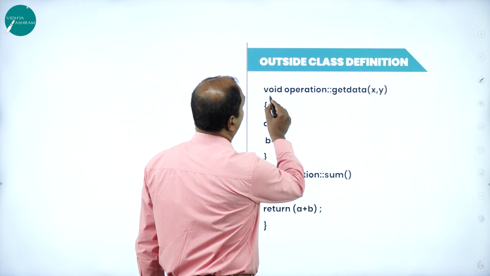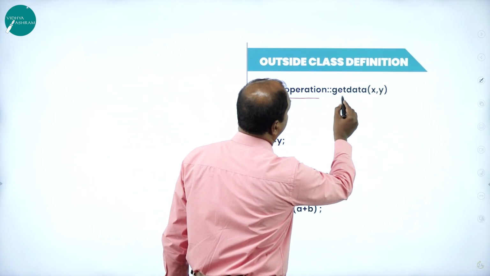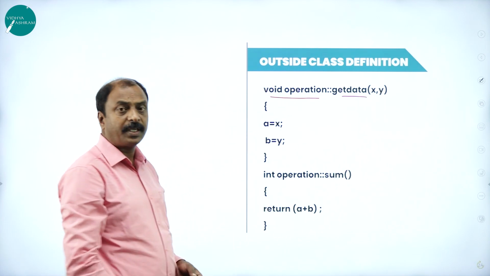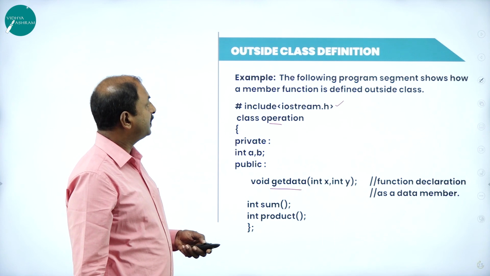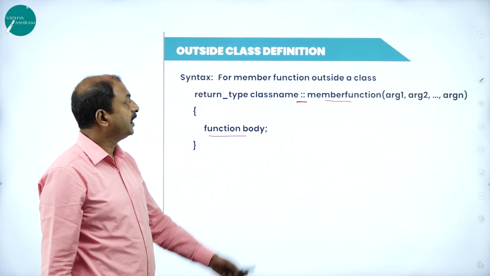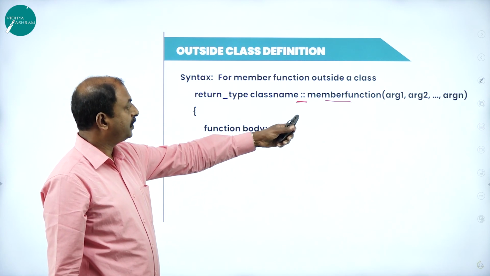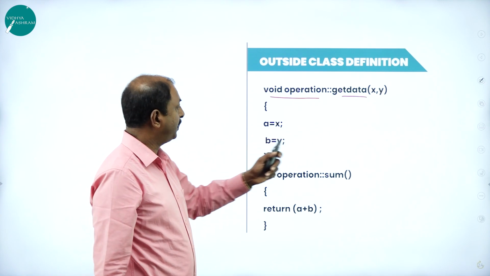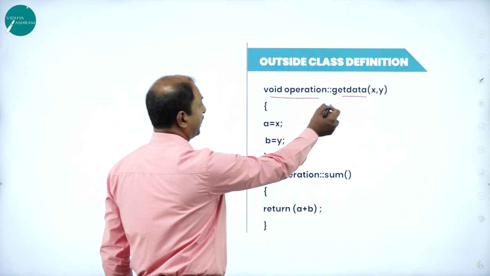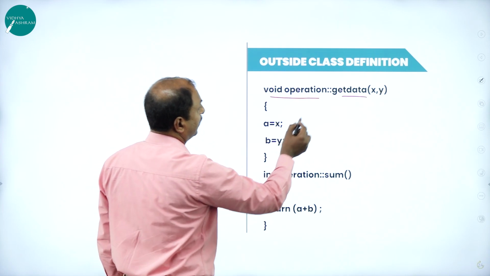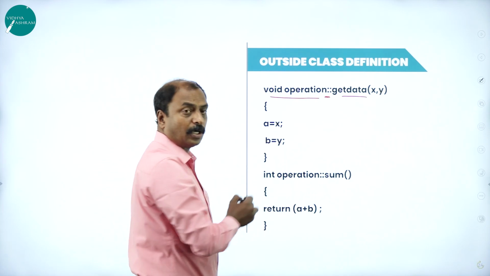Next one is void operation colon colon getdata with arguments. This is what you have seen in the slide, the syntax of defining a member function outside the class. We have written this function definition outside the class. Here getdata is the function, operation is the name of the class, and this is the scope resolution operator.